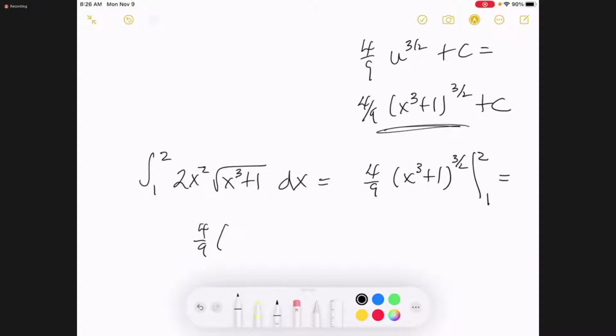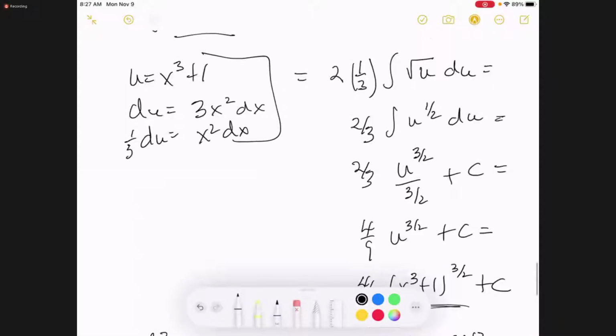That's 4/9 times 2 cubed plus 1, which is 9, to the 3/2, minus 4/9 times 1 plus 1, which is 2, to the 3/2. And that's the same thing as we got before.